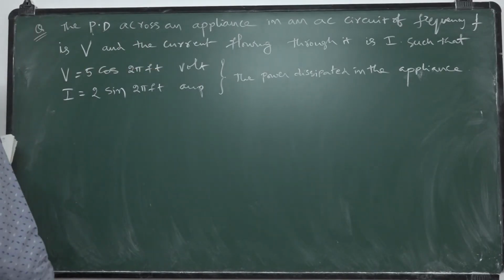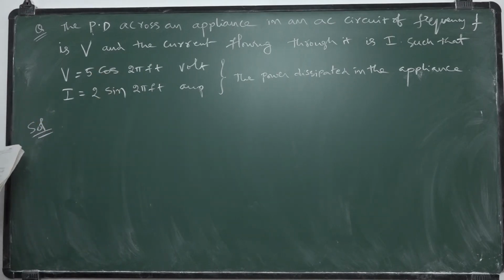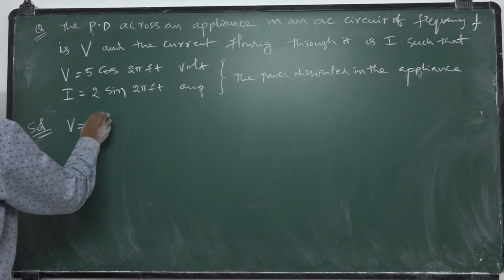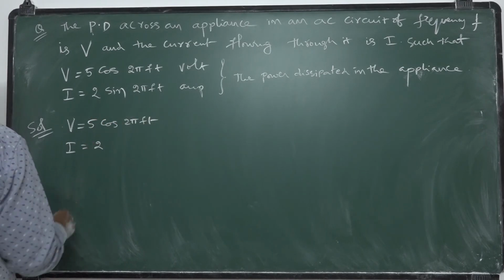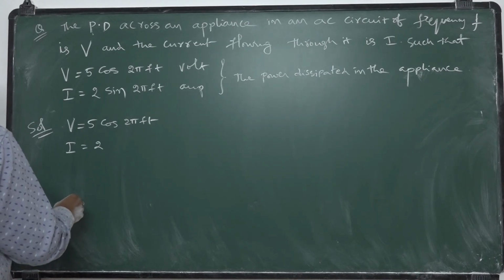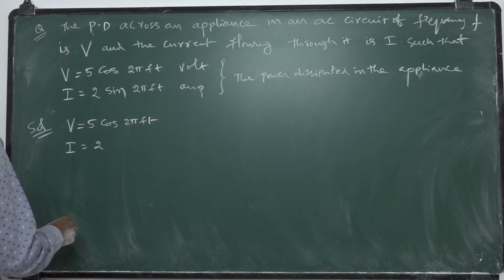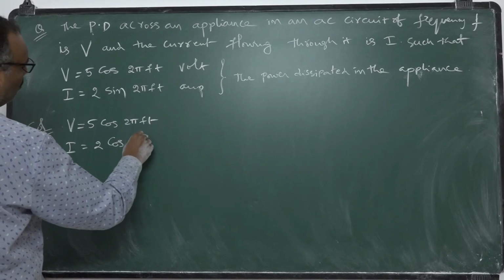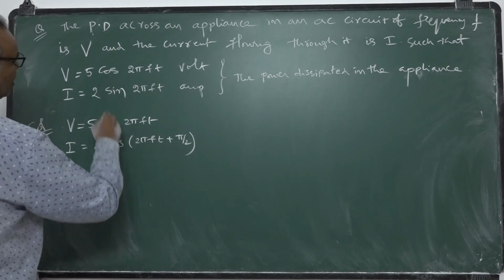So, solution. If you observe, it is sine function, it is cos function. So, to have the clarity, I am keeping V as it is and making I as 2 cos of 2 pi f t plus pi by 2, because cos 90 plus theta is sin theta.